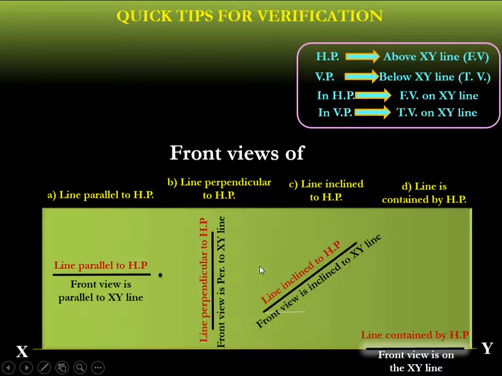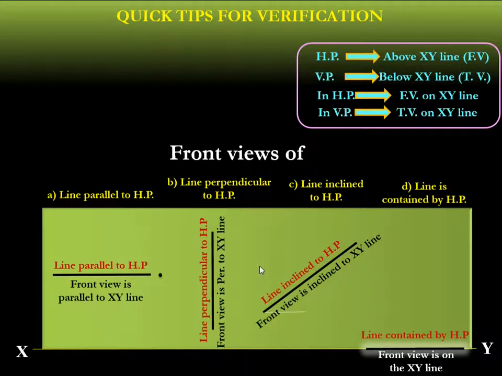Now let me explain the quick tips for verification. Hope this will be highly useful. Generally we solve problems related to first quadrant. The tips I am going to give you now is applicable only when the line is located in the first quadrant.